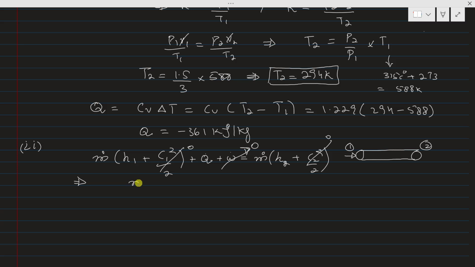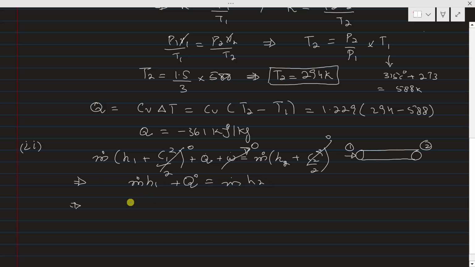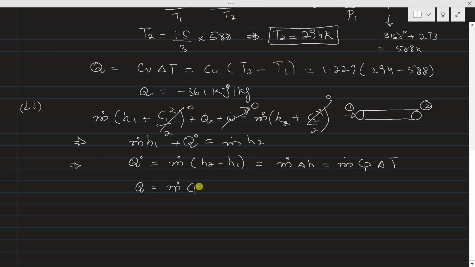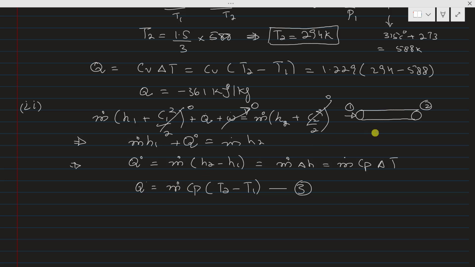It means that the mass flow rate times H1 plus Q dot is equal to m dot times H2. Further, I can say that Q dot is equal to m dot times (H2 minus H1), which is the change in enthalpy, equal to m dot times the change in enthalpy, and this change in enthalpy is further equal to Cp times the change in temperature, T2 minus T1. Now put the values in these equations.